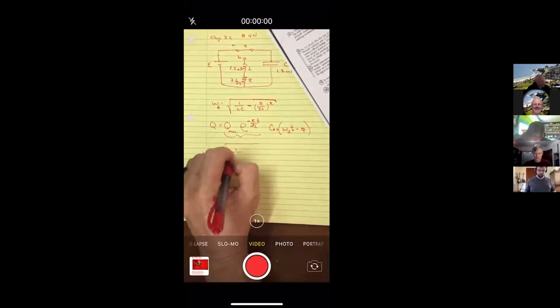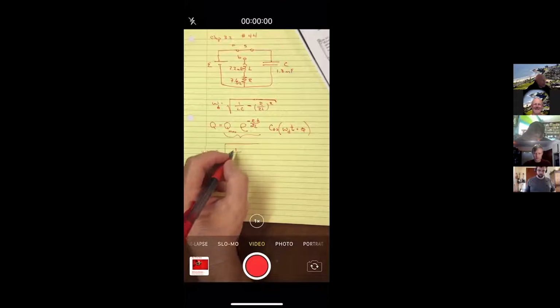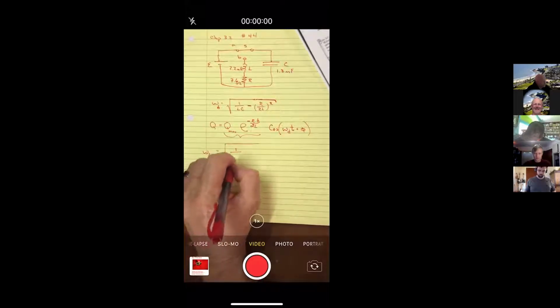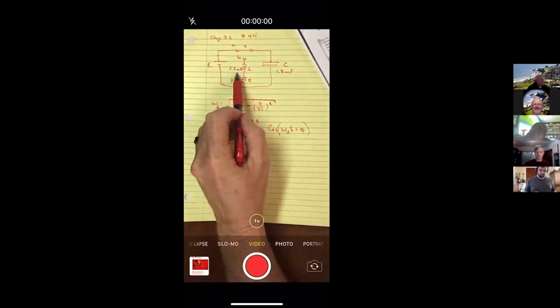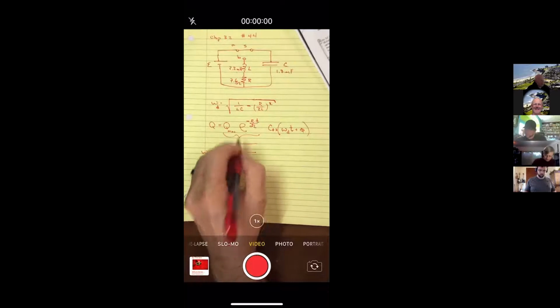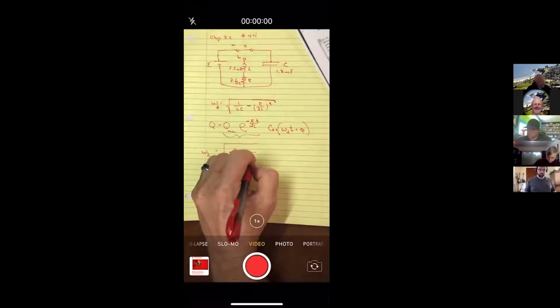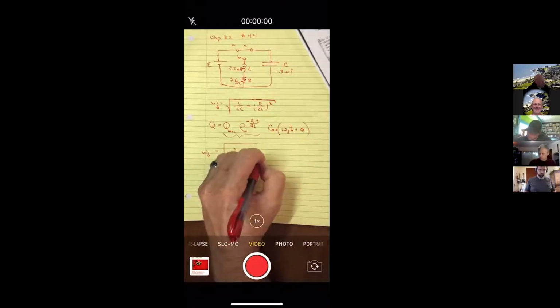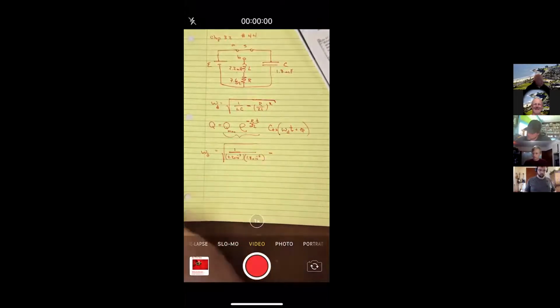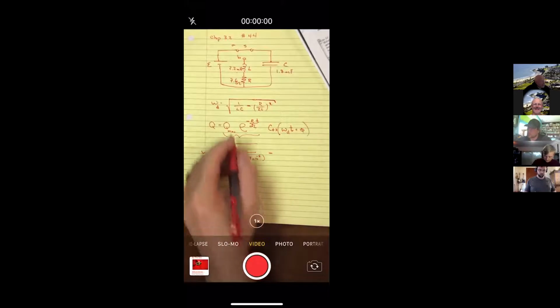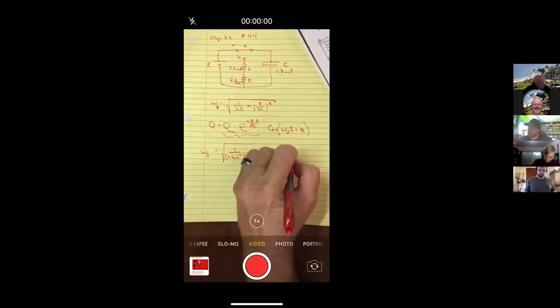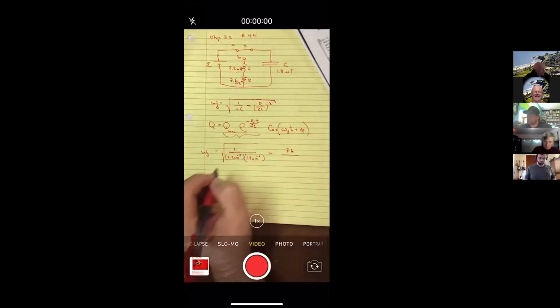So this is 1 over, so the L is 2.2 times 10 to the minus 3. That's the millihenries. And the capacitance is 1.8 times 10 to the minus 6. That's the microfarads. The resistance is the 7.6, so quite a bit of resistance.